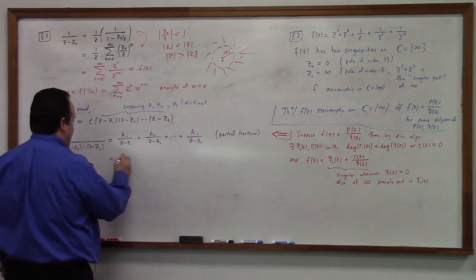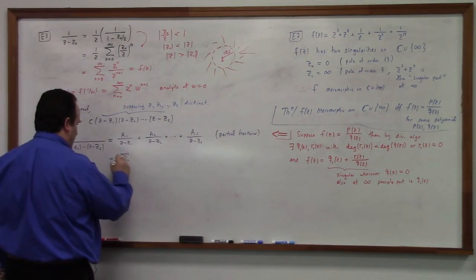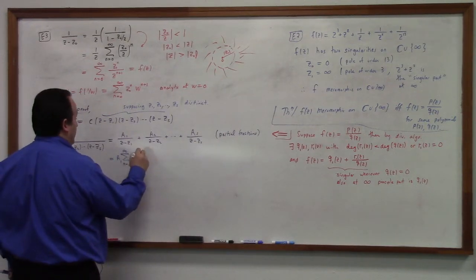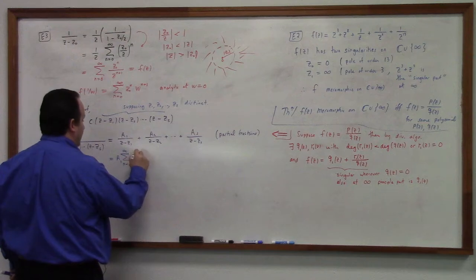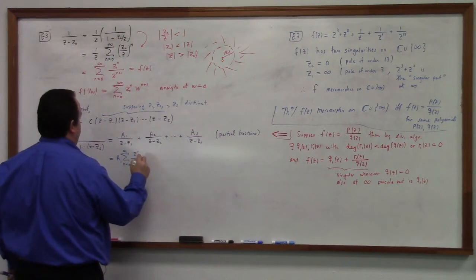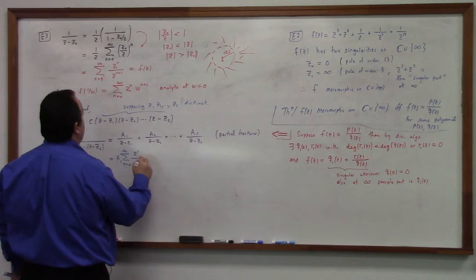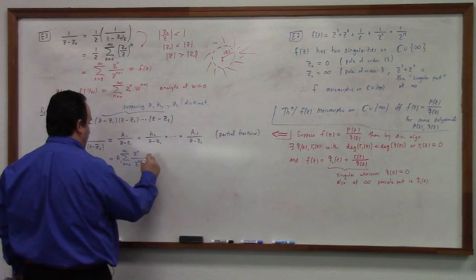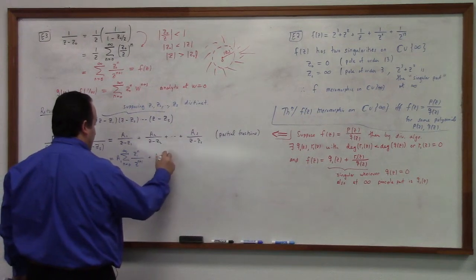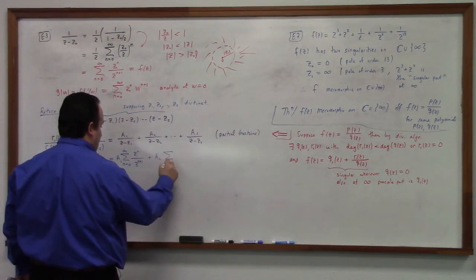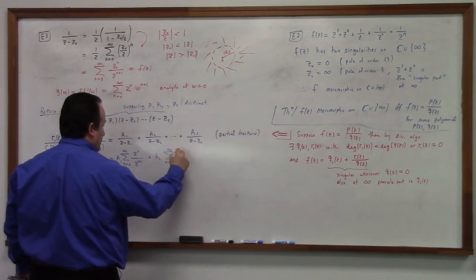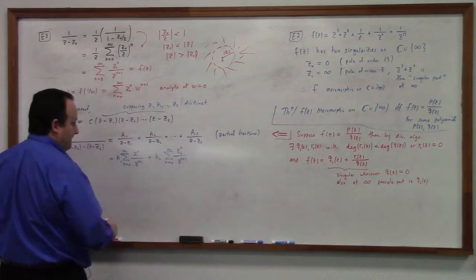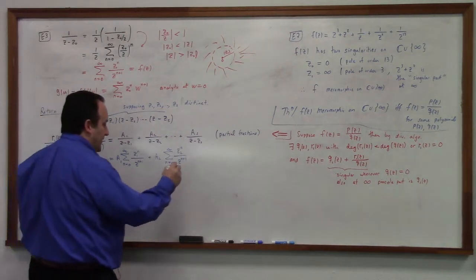Well, this is just the sum A1, sum n equals 0 to infinity of z1 to the power n over z to the n plus 1, right? And then you get A2, sum n equals 0 to infinity z2 to the n over z to the n plus 1, right? And so on down the line.